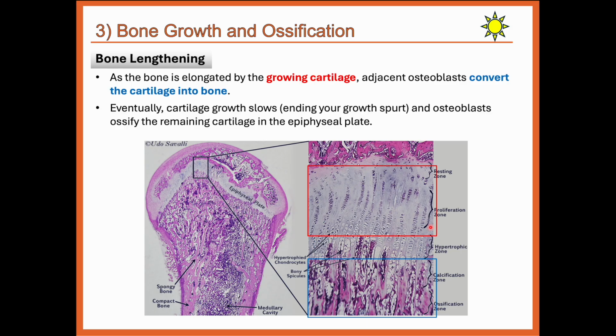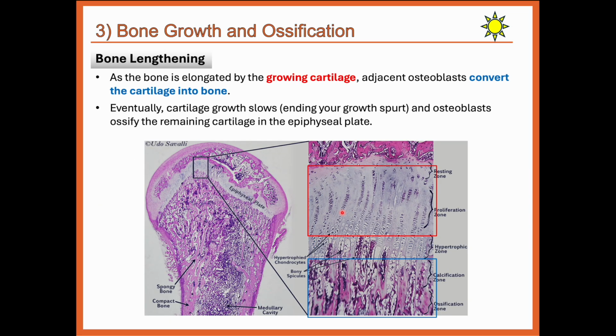They will ossify, they will fill up the bone in this region and eat away at the cartilage. And this epiphyseal plate will all be turned into bone cells, right? So osteoblasts will turn this into bone and trap it in the matrix.